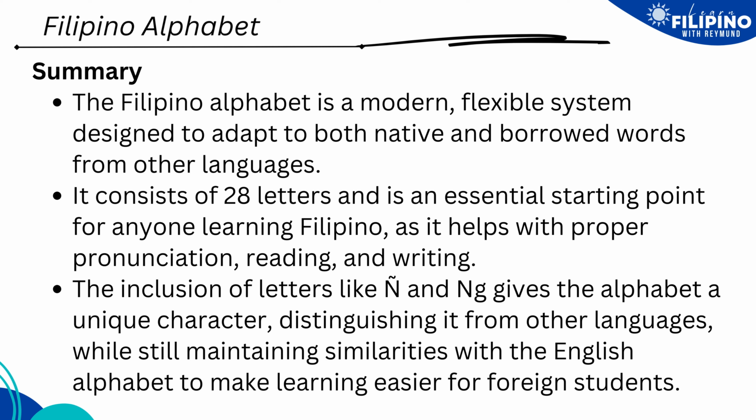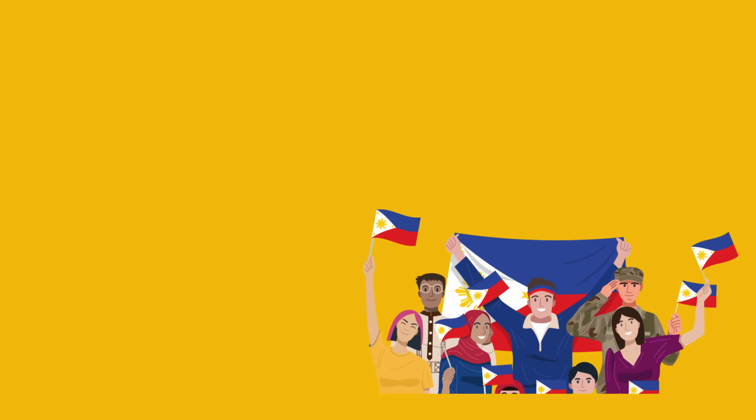The inclusion of letters like the NY and the NG gives the alphabet a unique character, distinguishing it from other languages while still maintaining similarities with the English alphabet to make learning easier for foreign students.